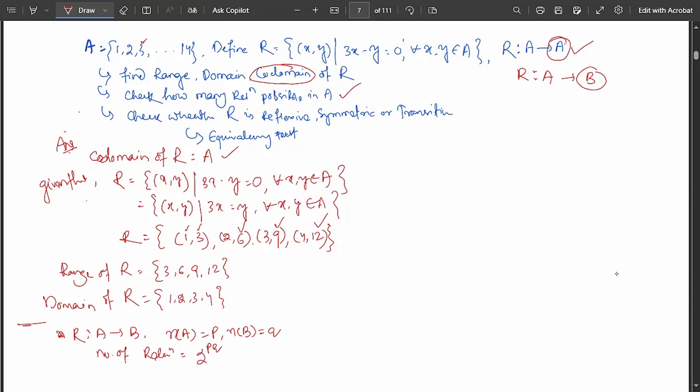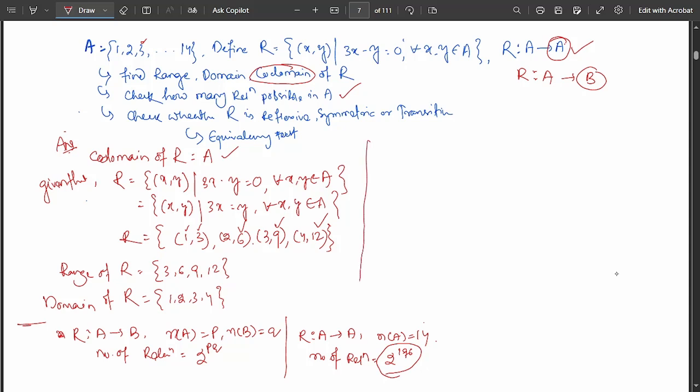Here the relation is from A to A, and the number of elements of A is 14. So the number of relations will be 2 to the power 14 into 14, that is 2 to the power 196. This many relations are possible.